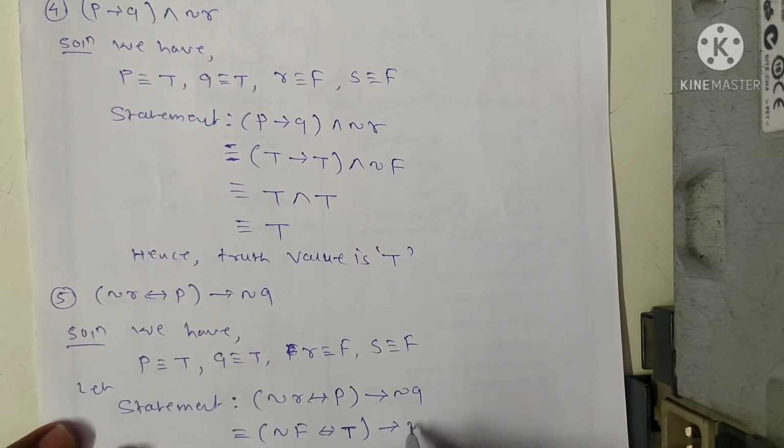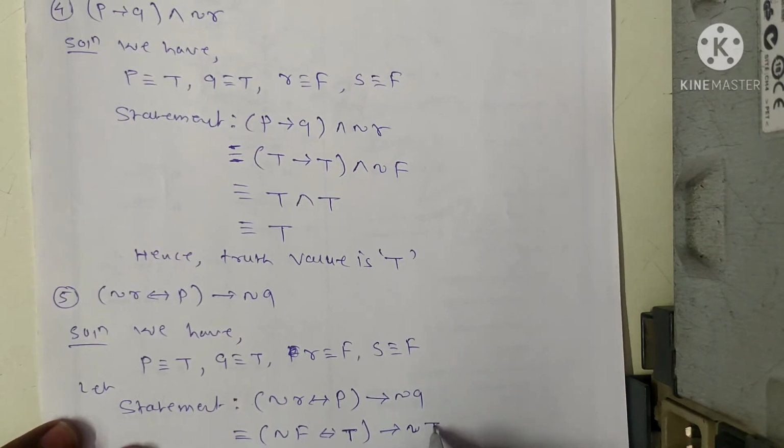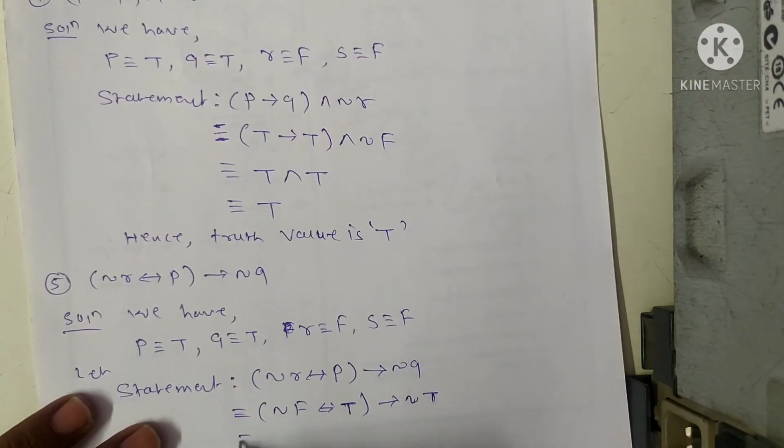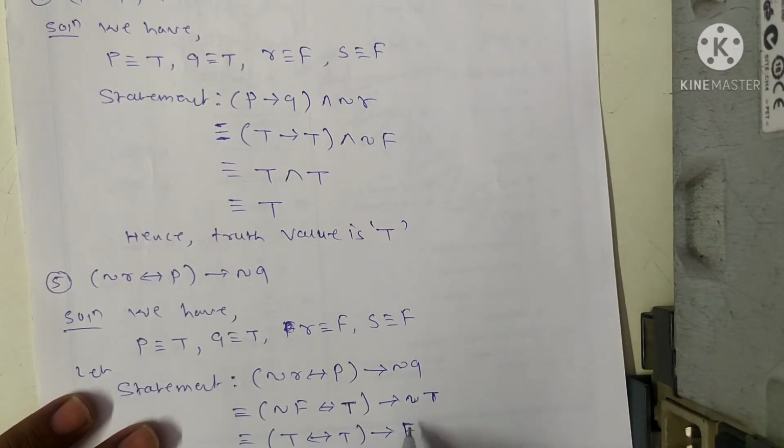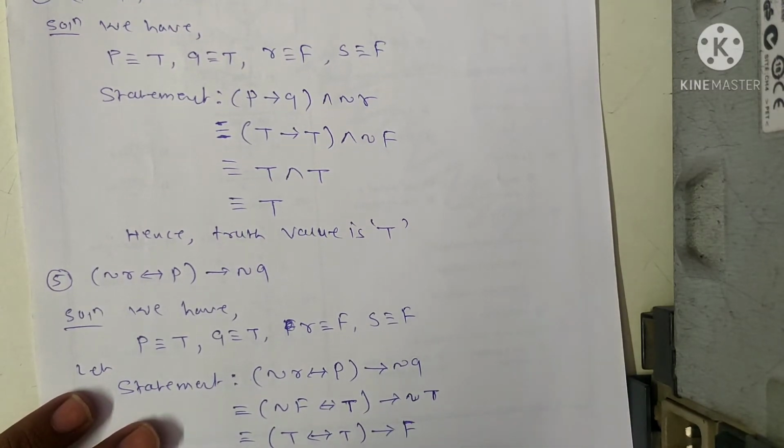Then negation Q is T. Negation F is T, if and only T. Then negation T is F. T if and only T is T. Then F.